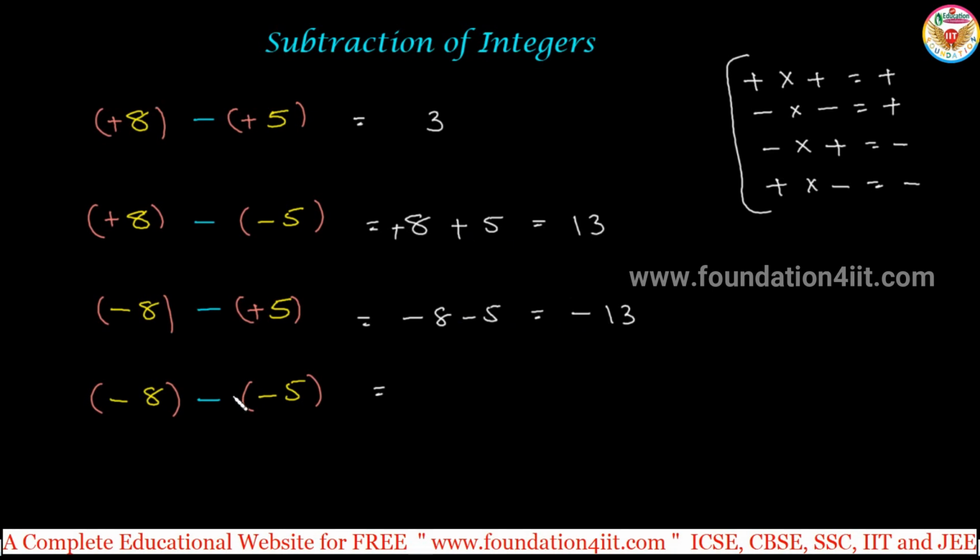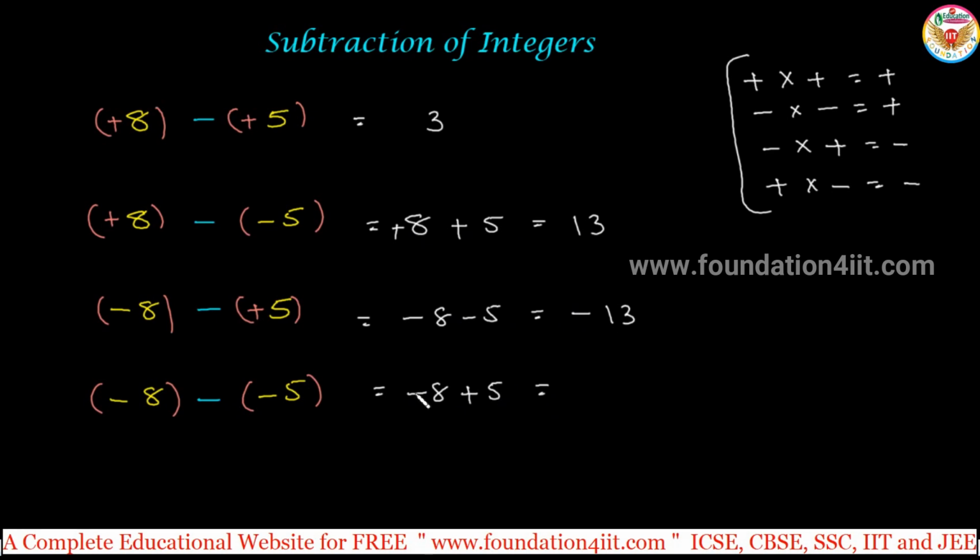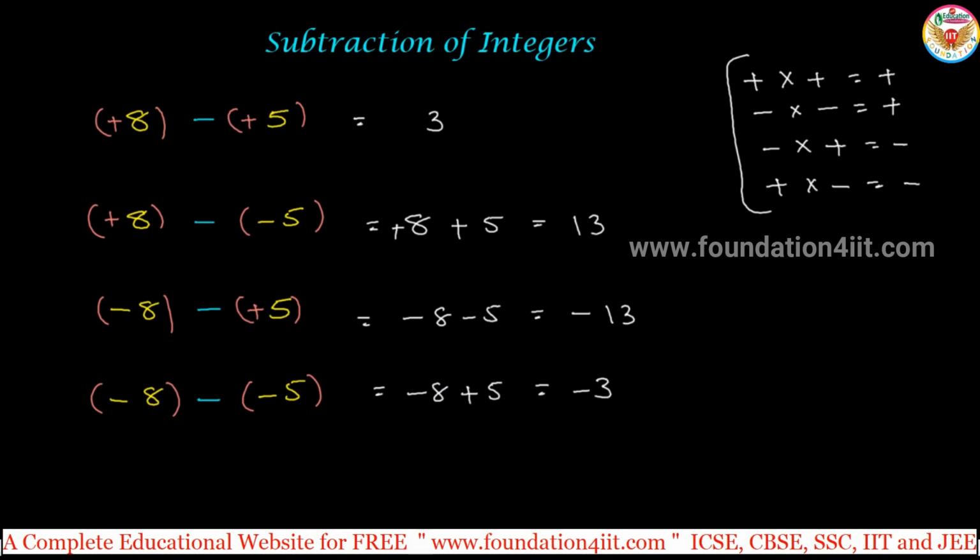And the next one is minus 8 minus of minus 5, which is negative 8 plus 5. Do normal subtraction, but the greater numerical value is 8, so before it you keep the minus symbol. You can observe this in the first and last one.